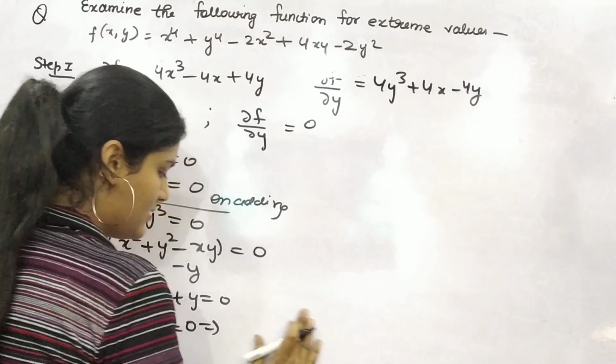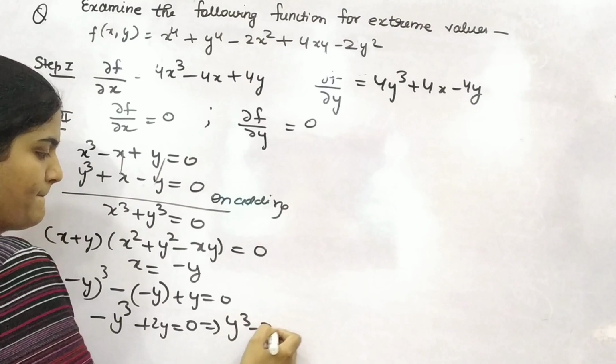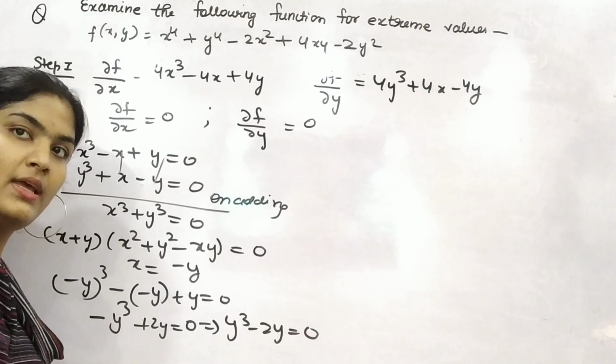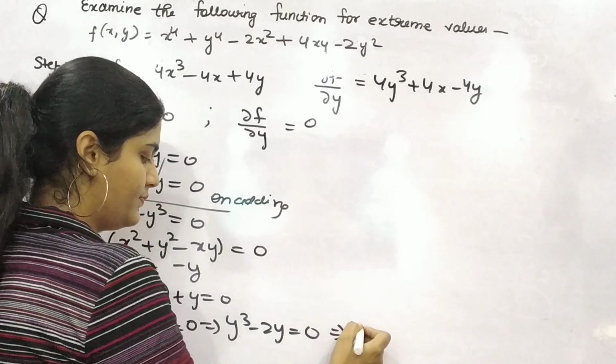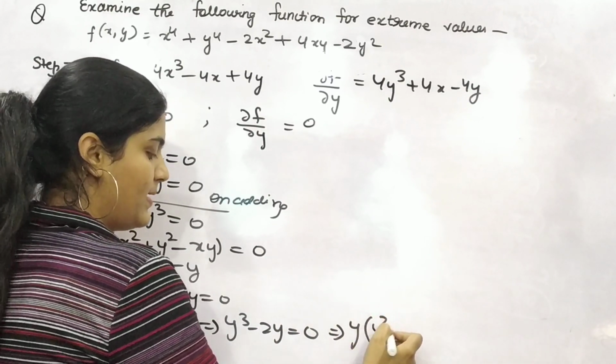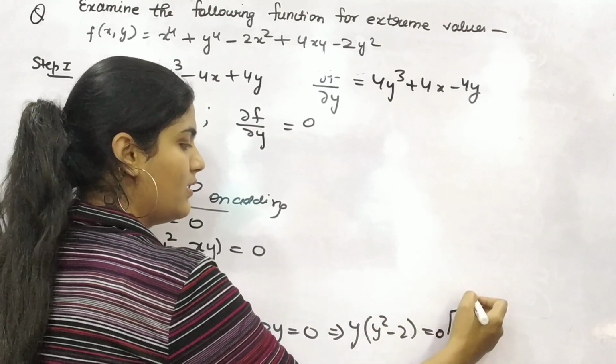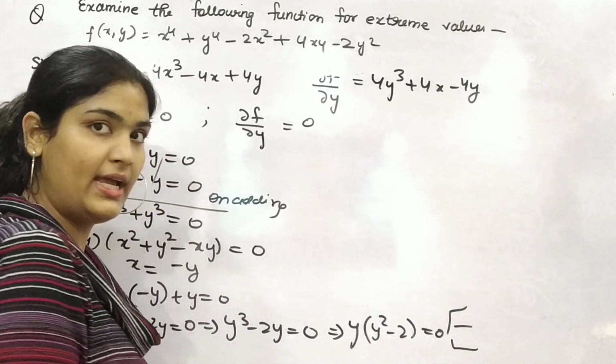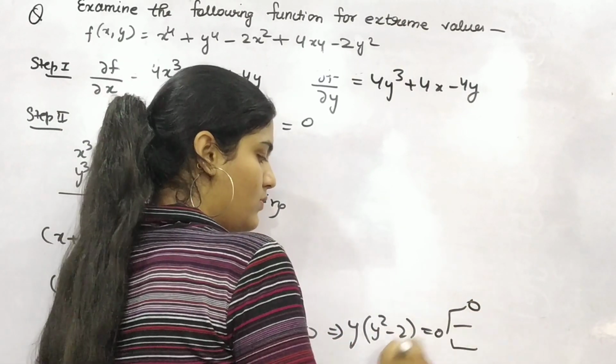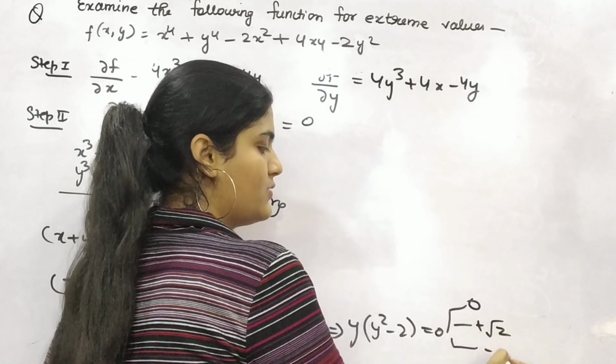Or you can do it like this and take y common. So y times (y square minus 2) equals 0. So here you've got 3 values of y: y equals 0, and y equals plus root 2 and minus root 2, right?